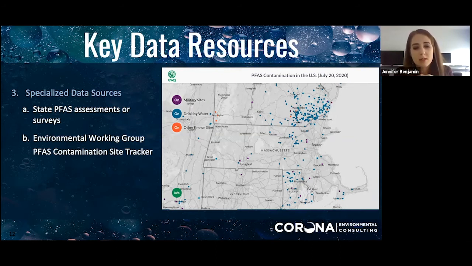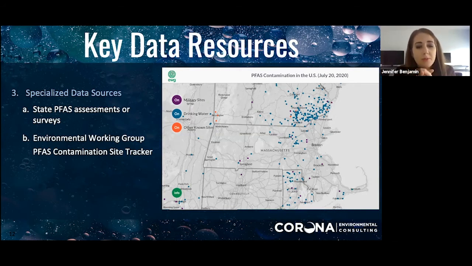Other states have looked specifically for PFAS manufacturers, usually by doing some sort of survey of manufacturers across the state to ask if they actually use or have PFAS on site. And other states have done some combination of the two. So again, it really depends on the state where you're working.